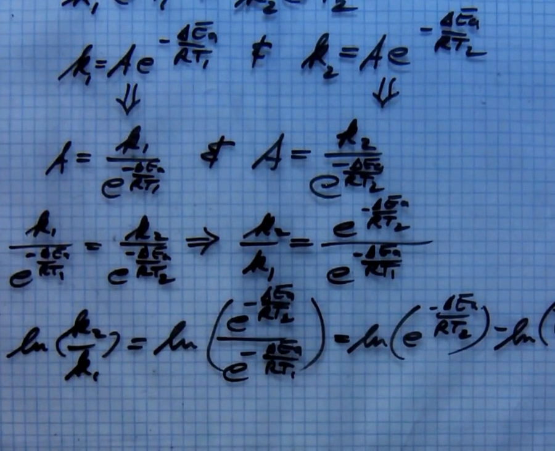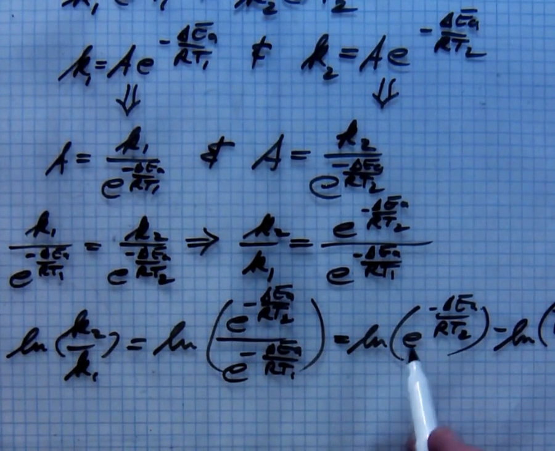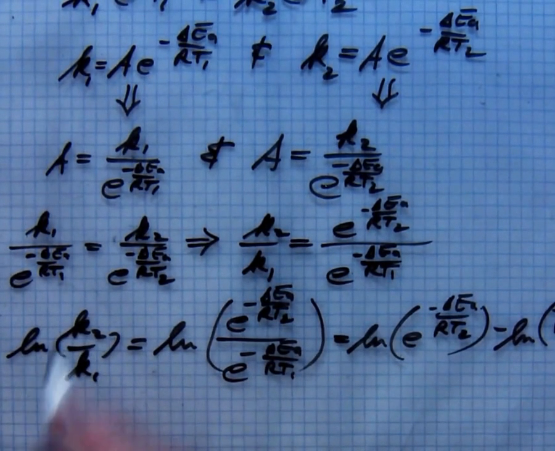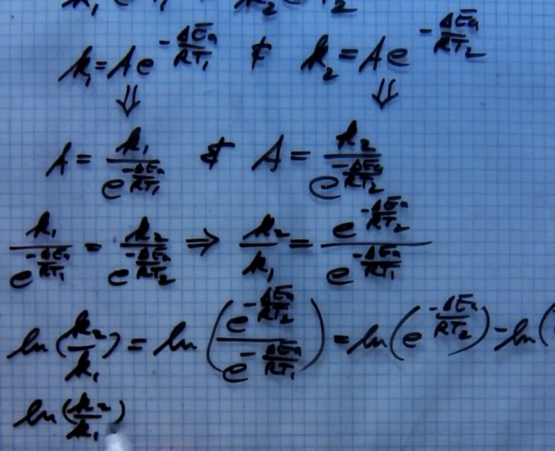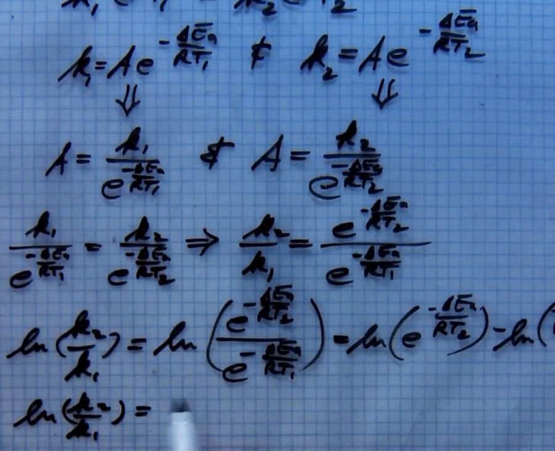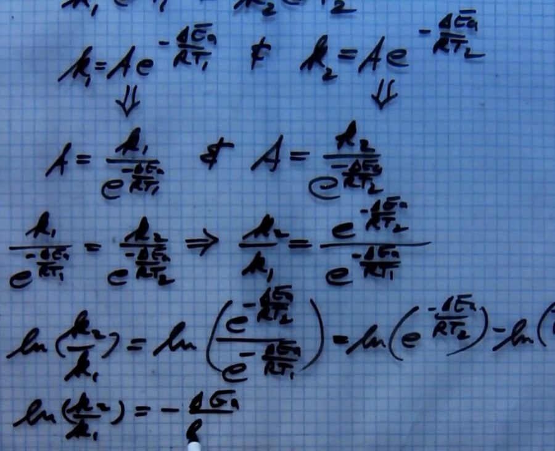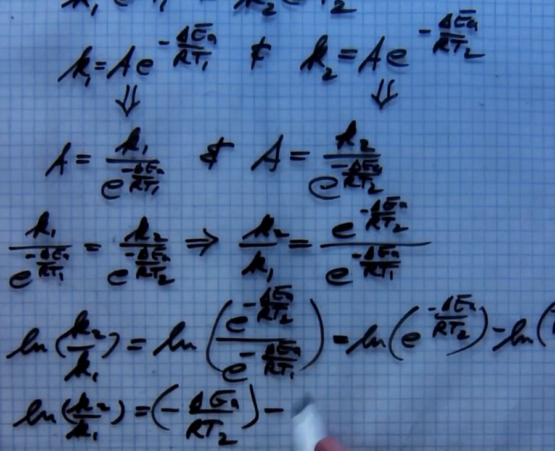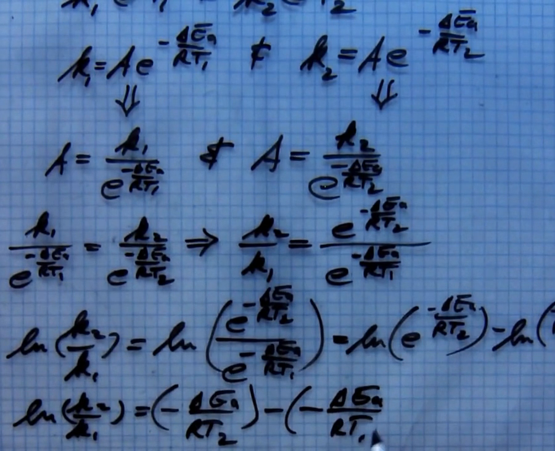Well, the logarithm of the exponent of the function e, the base of the natural logs, is the exponent. So the first term, ln of K2 over K1, can now be equated to minus delta E sub A over RT2, minus minus delta E sub A over RT1.